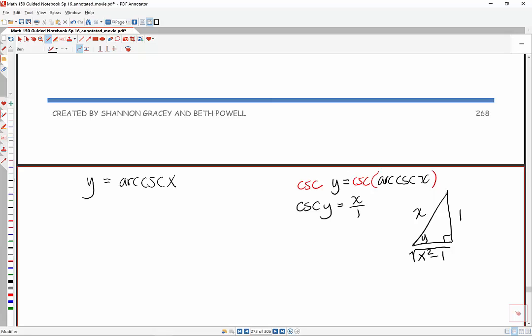All right, so over here, considering cosecant y equal to x, then differentiating both sides with respect to x, we have negative cosecant y cotangent y times dy dx is equal to 1.